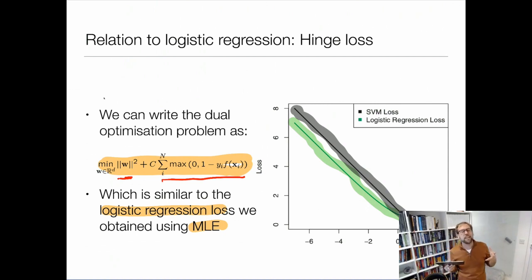So support vector machines and logistic regression with an L2 regularizer are actually quite similar. The only difference is that they have slightly different loss functions. The one has a kink, the other one has a more continuous loss function here. So this is just a little side remark.